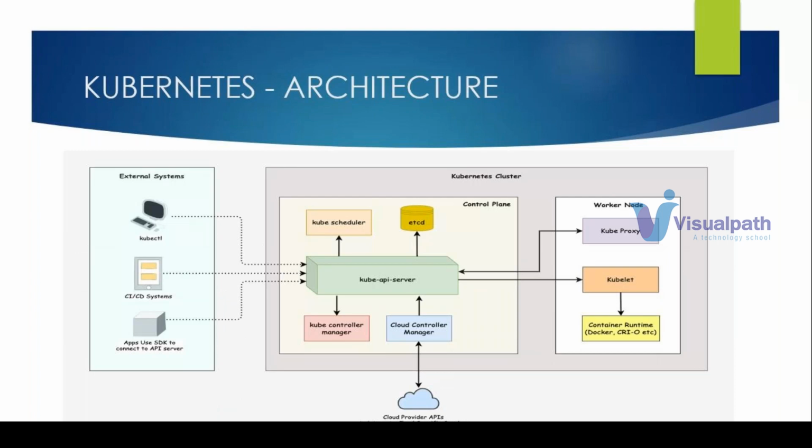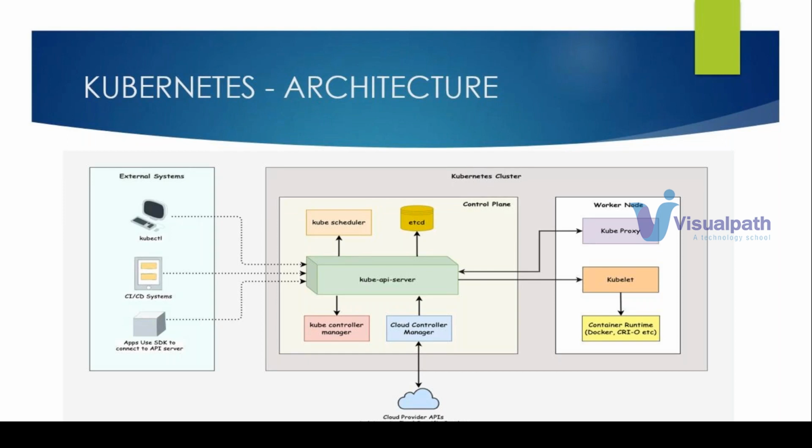In this architecture, you can see Kubernetes has two main components: one, the control plane, and another, the worker node. The control plane is divided into four key segments: Kube API server, Kube scheduler, etcd, and Kube controller manager.